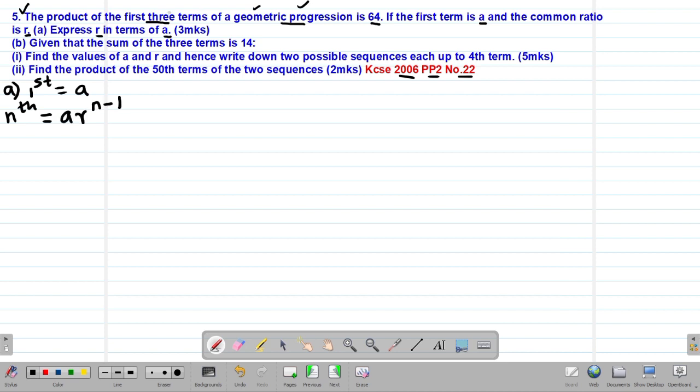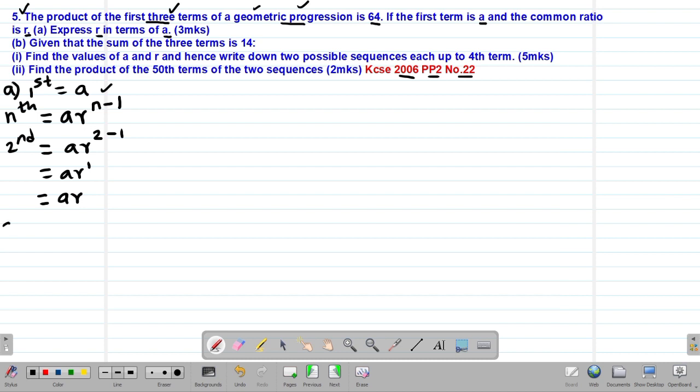Therefore, we already have the first term, and the second term will be given by ar to the power of n minus 1, where n is 2. Then 2 minus 1 gives us 1, which simplifies to ar.